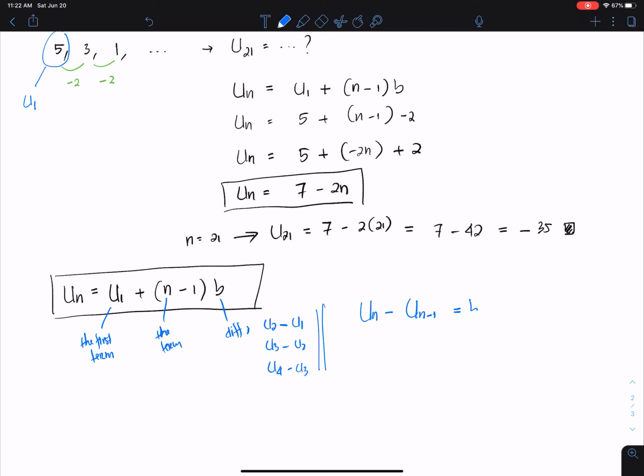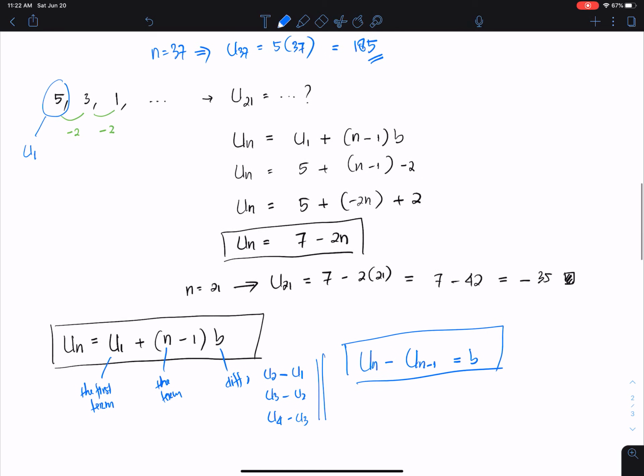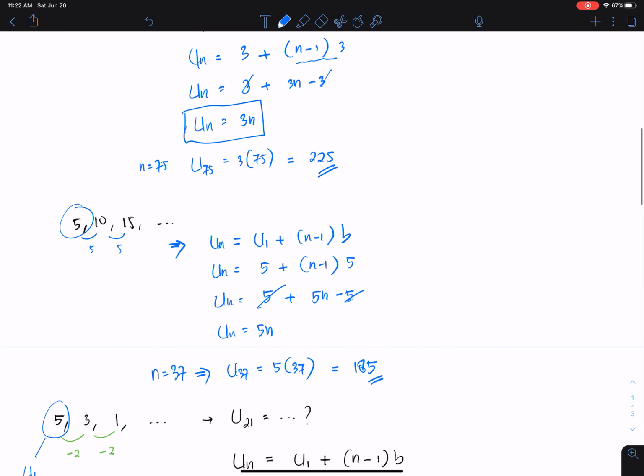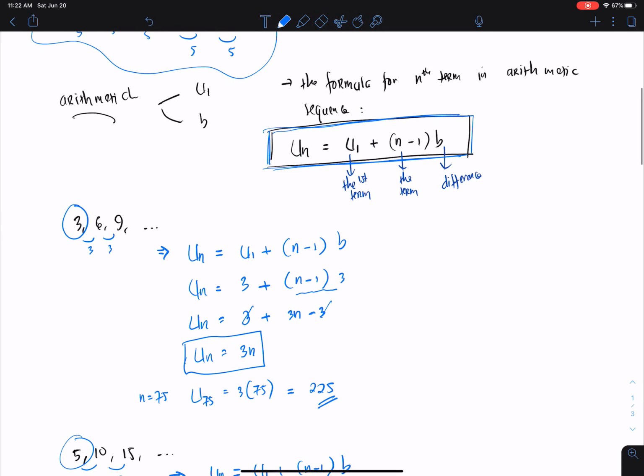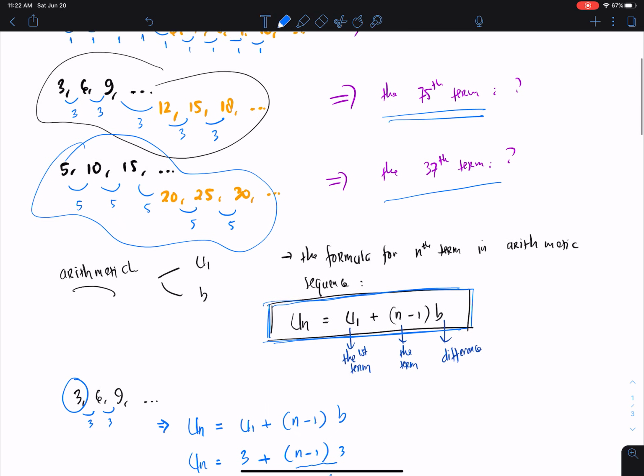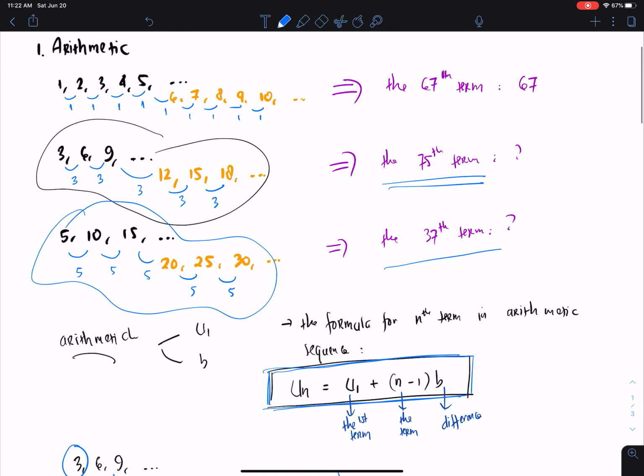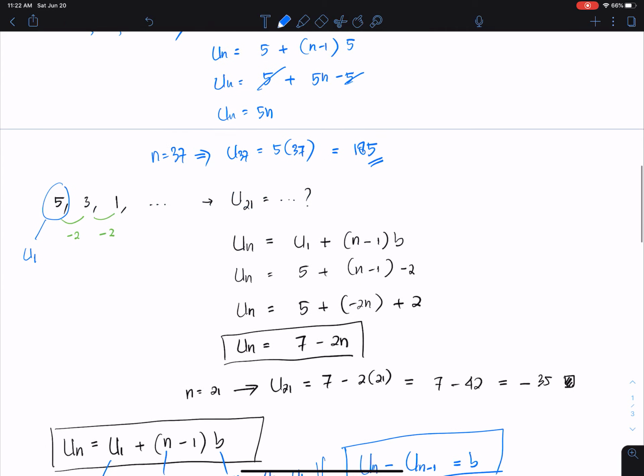That will be the calculation for b. So this is what we call an arithmetic sequence. It's quite easy and simple to work with. We are going to see some examples later on of how arithmetic sequences are applied in daily life.